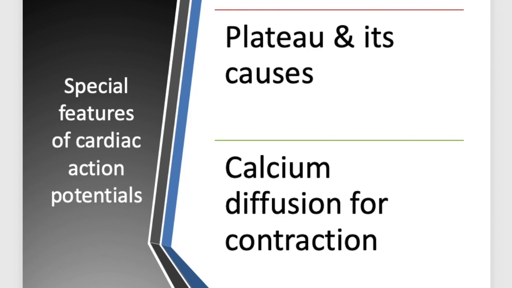Calcium and sodium ions flow through the slow channels into the cell after the initial spike of the action potential, and they maintain the plateau. Calcium that enters the cell through these channels also promotes cardiac muscle contraction. So I hope that I have made my point clear about this cause of the plateau.